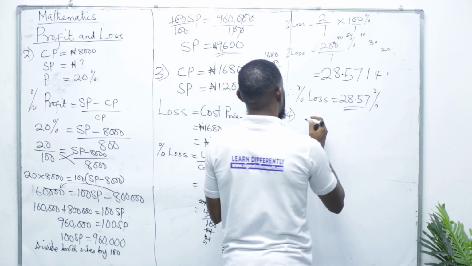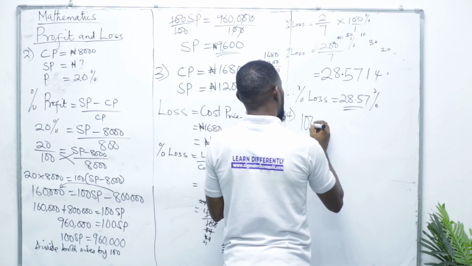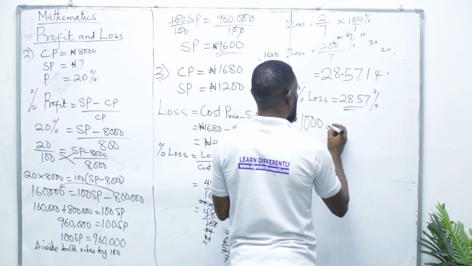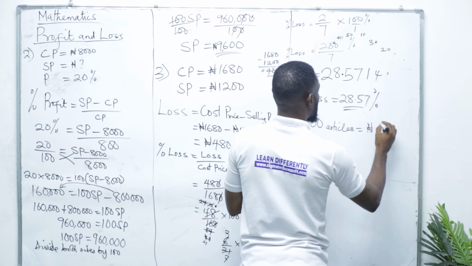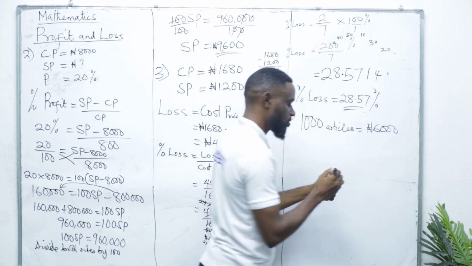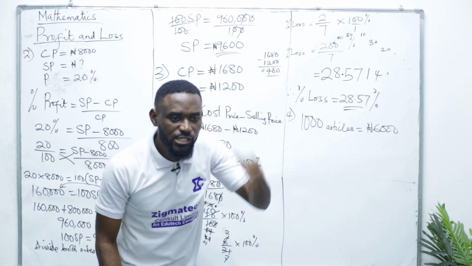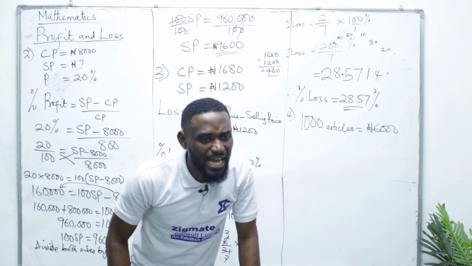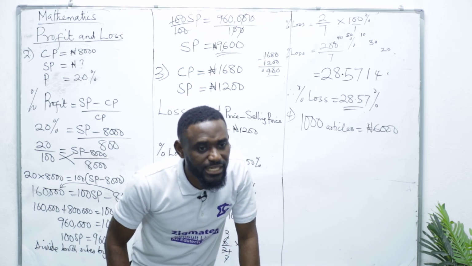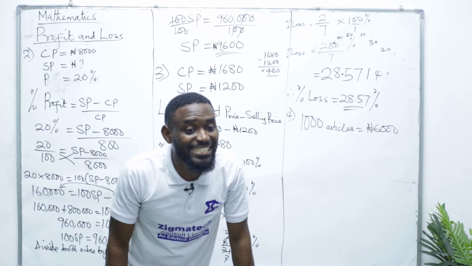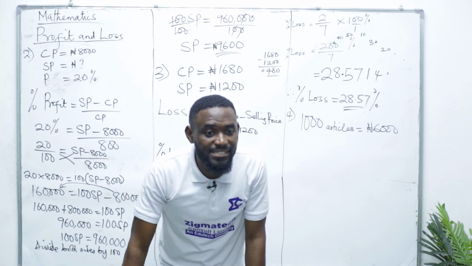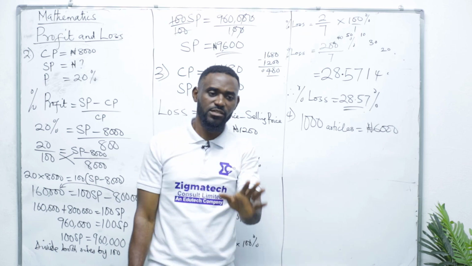So for these 1,000 articles, it is 6,000 naira. And he sold all of them at 9 naira each. Find his percentage profit. Now let's look at this very well.